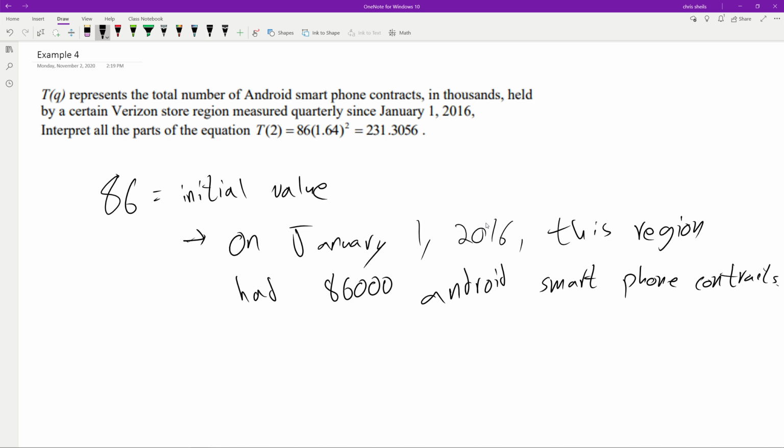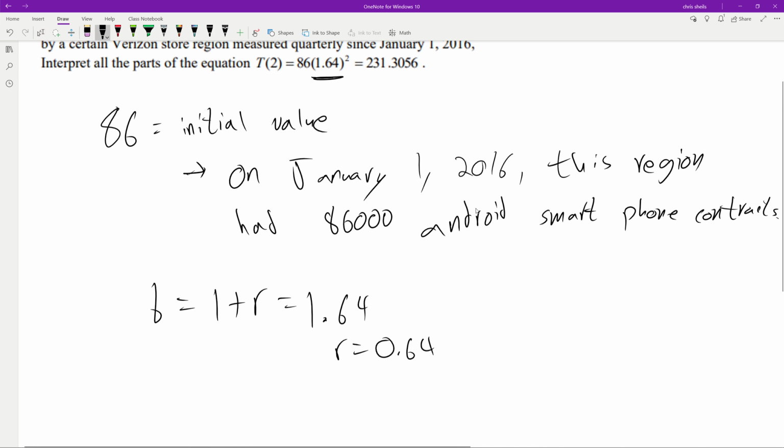Let's see. My growth rate here, this is b, which is 1 plus r, right? Which in this case is 1.64. This gives me that r is 0.64. This means that the number of smartphone contracts increases, let me write this down.